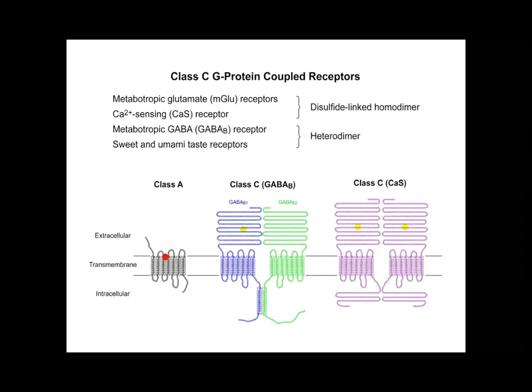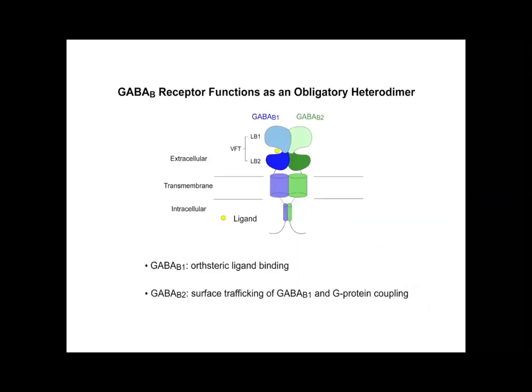The metabotropic glutamate and calcium sensing receptors function as homodimers. The GABAB and taste receptors function as heterodimers. The GABAB receptor functions as a heterodimeric assembly of the GABAB1 and GABAB2 subunits. This unique functional property of the GABAB receptor was discovered in 1997 by several groups simultaneously.